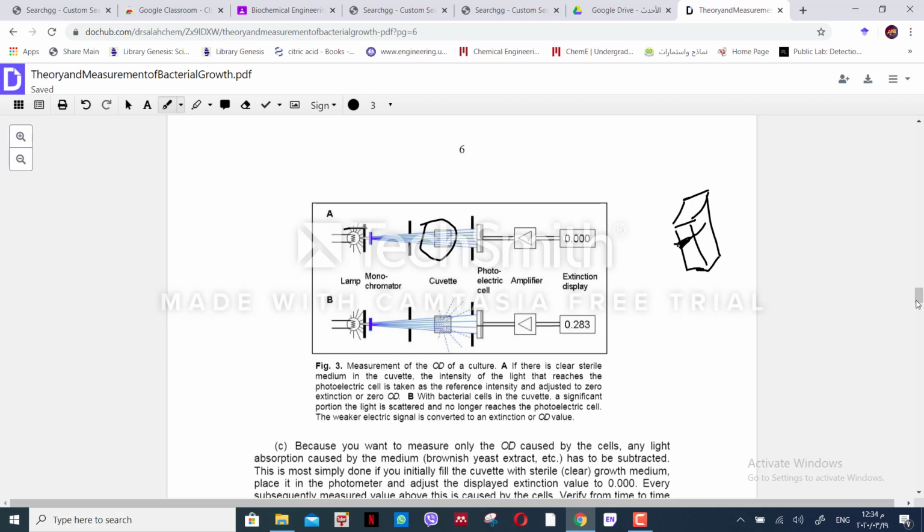Sometimes cells are of different colors, and the colors will affect the reading of our photometer. So instead of distilled water, we put a growth medium here to set it to 0. Then we read the value here.